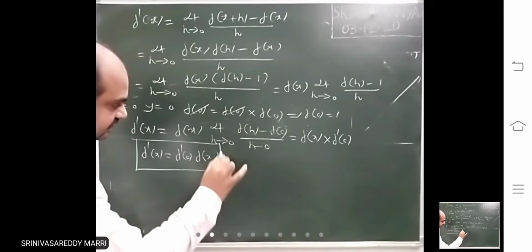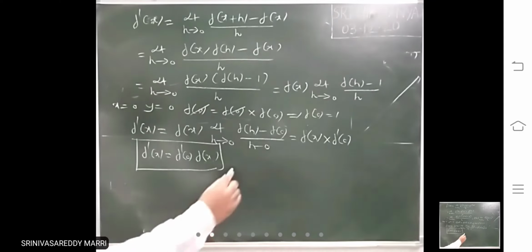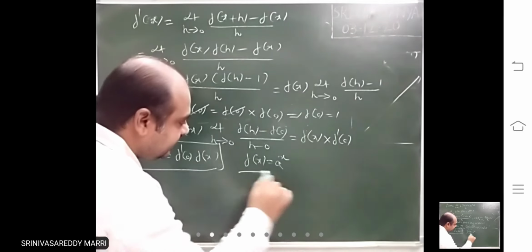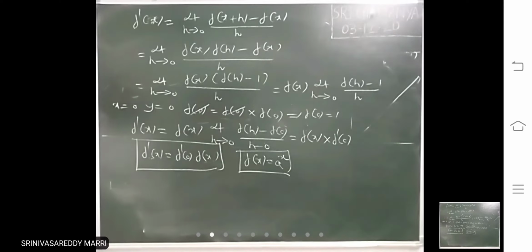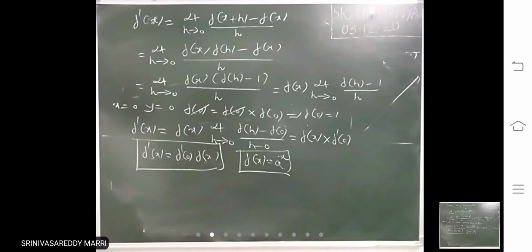Derivative formula is this. From this function, if you calculate, you will get a power x. Remember this formula. From this calculation, you will get it in the differential equations chapter. For the time being, f of x is a power x. Remember the formula: f dash 0 into f of x, and f of x is a power x.